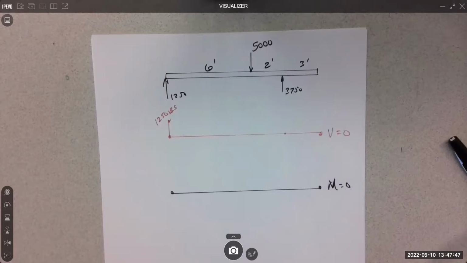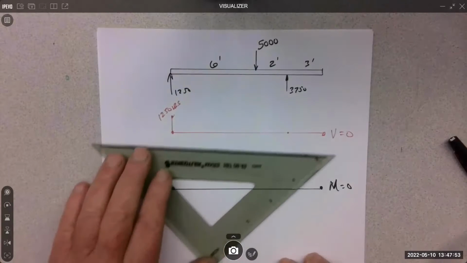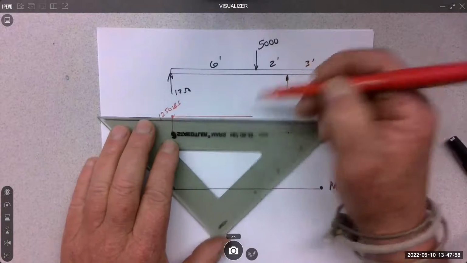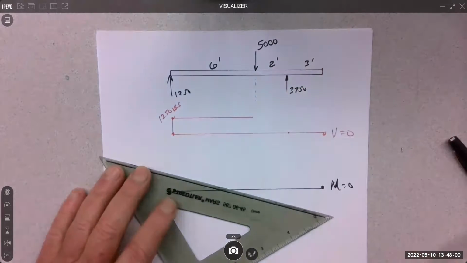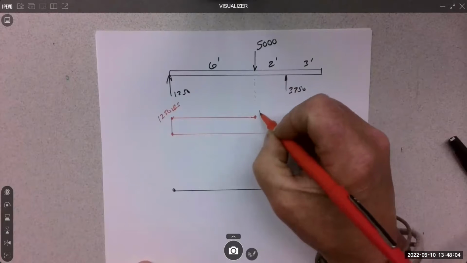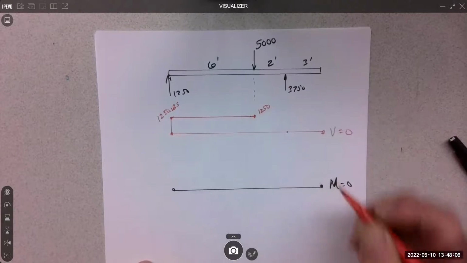If nothing's happening on the beam, if there's no load change, no distributed load, then that stays consistent until there is a change. So here's the first change, at the 5,000. It comes over and it is 1250 right there.